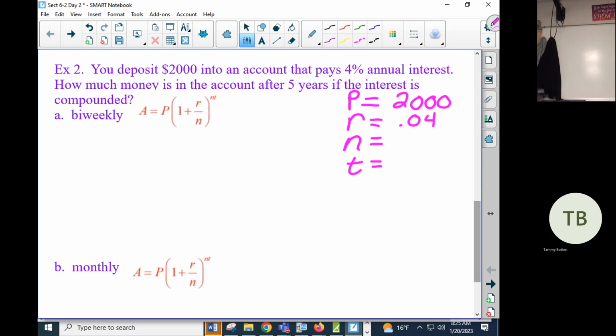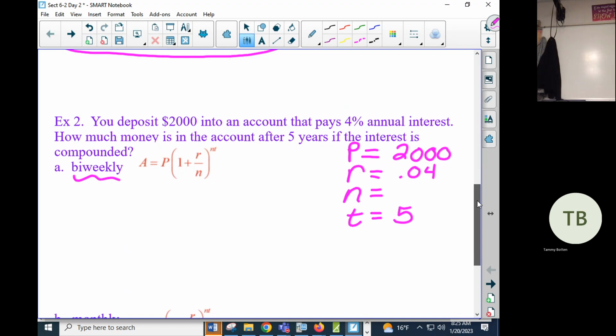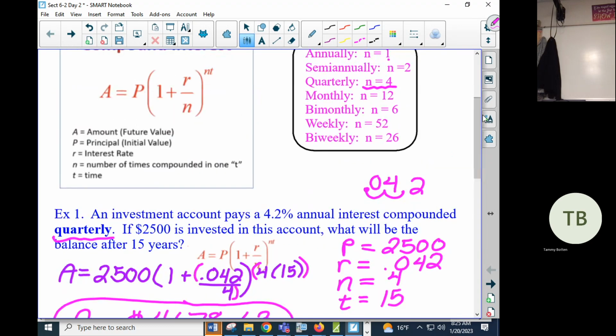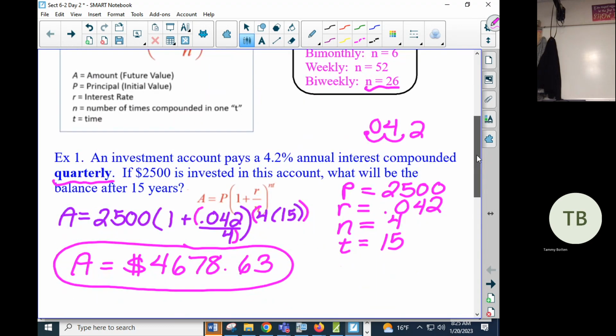How much money is in the account after 5 years? So T is 5. And then they give us two different situations. One is when the interest is compounded bi-weekly, and bi-weekly is every other week. So that's 26 times a year.